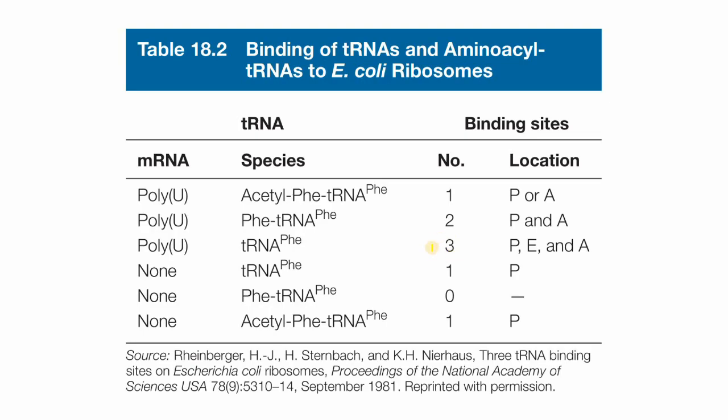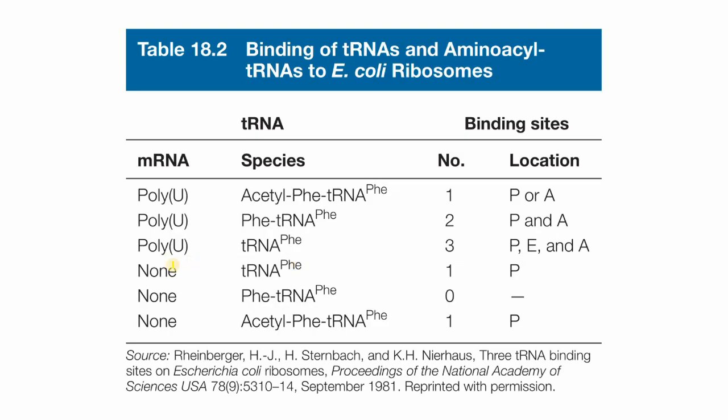And this was pretty fascinating results. The researchers found out that the tRNA bound in the P site and in the A site. And the reason why these results were fascinating is because this was clear evidence for the existence of a third site, which they called the E site. And again, E was for exit.